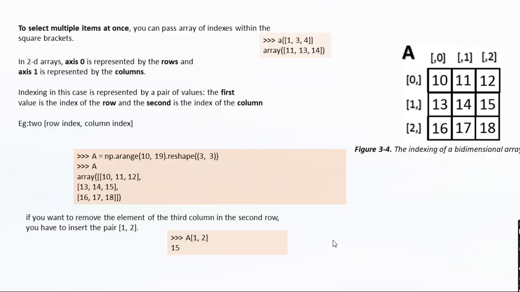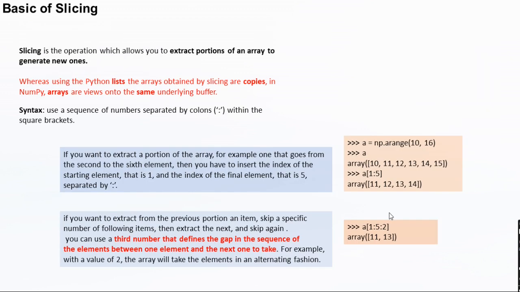So now let's go for the next topic. So this was about indexing, where you create the array and access a particular element, or you can access even multiple elements. So now let's go to slicing. Now what is slicing? From slicing I can extract portions of an array and generate a new array, right?